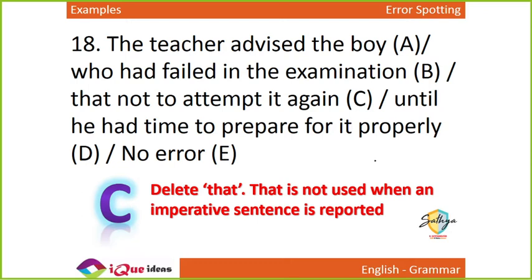All the verbs need to be in the past tense. Advised is past, failed is past. So until he had time to prepare for it properly. Had is proper there. There is no mistake. The had is correct. It should not be replaced by has. Because all these things are about the past. So had is proper. Got it? Did you get that?